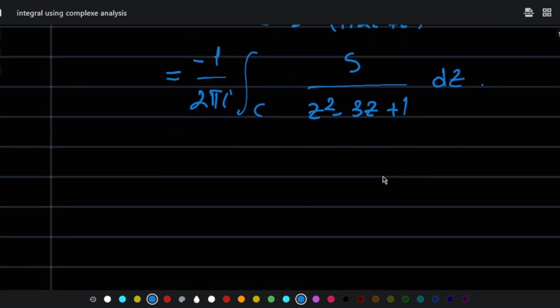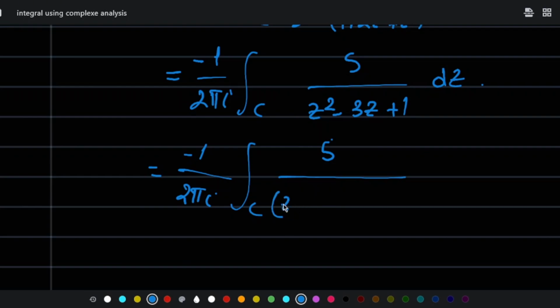Now, to evaluate this integral, we will calculate the zeros of this polynomial. To know the zeros, we need to use the quadratic formula. If you calculate delta, you will get minus 3 squared, which is 9, minus 4, which is 5.